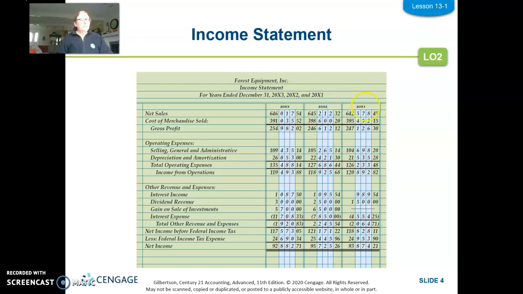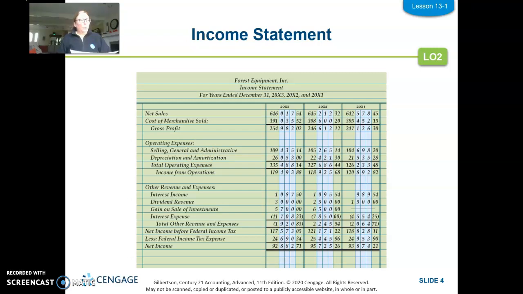And it's in an abbreviated format, meaning it doesn't give you the excruciating detail on all of the cost of merchandise sold accounts, all of the SG&A accounts, depreciation, amortization, etc. So it's grouping things and giving you an abbreviated form.